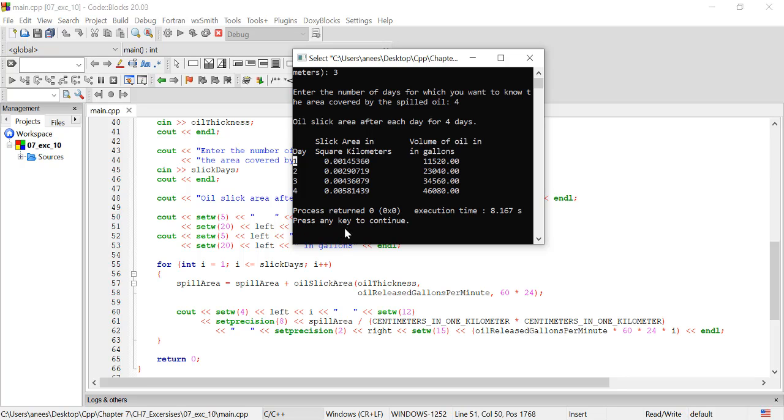Then we space it a little bit and put in set W12, giving it this little space right here. Now keep in mind that we made it here so that it will always give us this fixed amount of decimals.